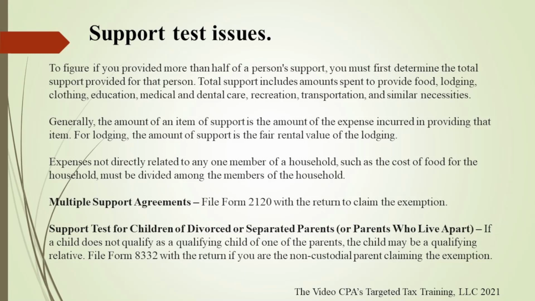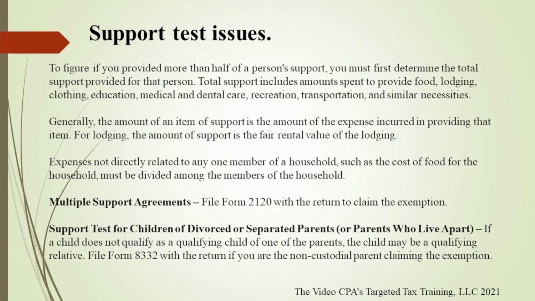But some of these other situations where you might have a relative living with you, or you might be supporting a grandparent, or a lot of other situations, a divorce situation, it's not really cut and dried. So you need to be aware of what the rules are so that you don't claim an exemption that you don't deserve.